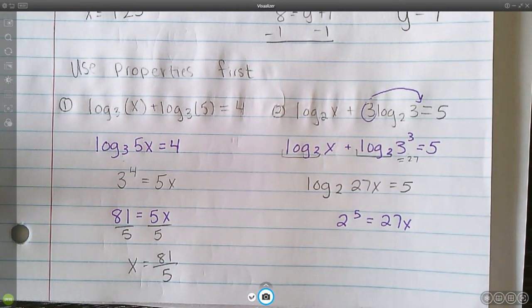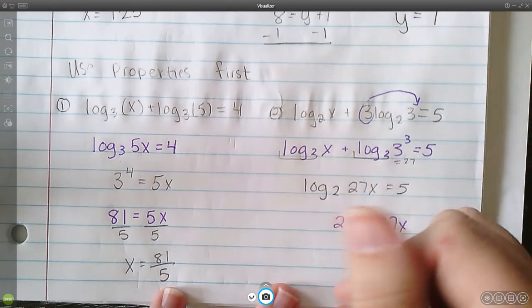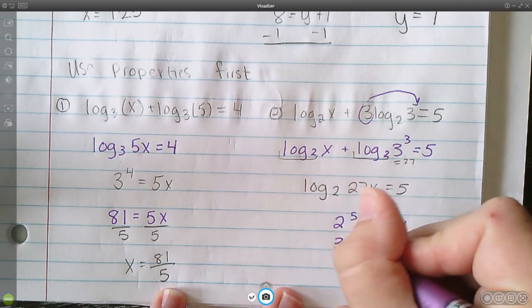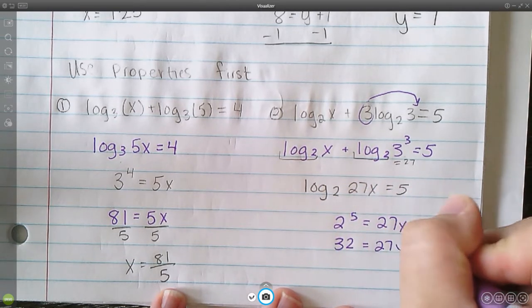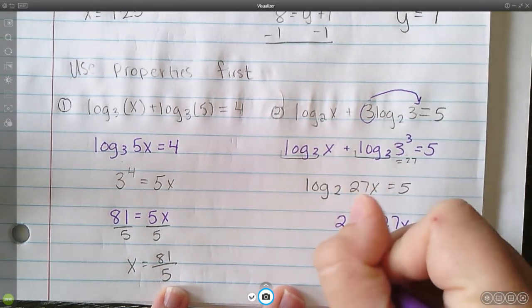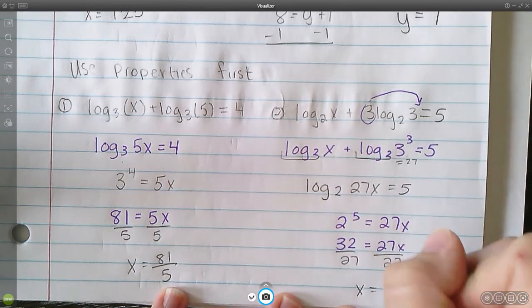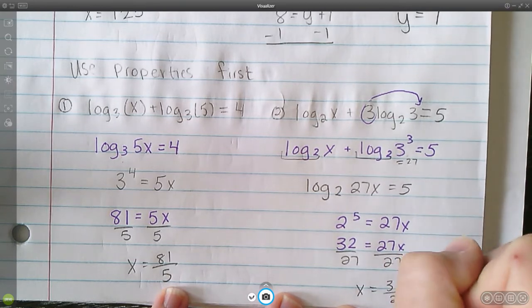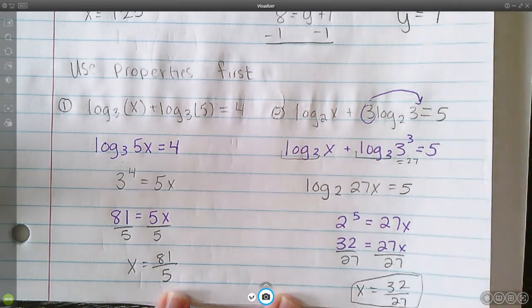So we've got 4, 8, 16, 32. So this is 32 equals 27x. Divide both sides by 27. You get x equals 32 over 27. That is that answer.